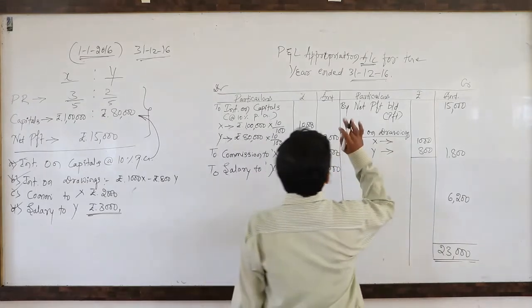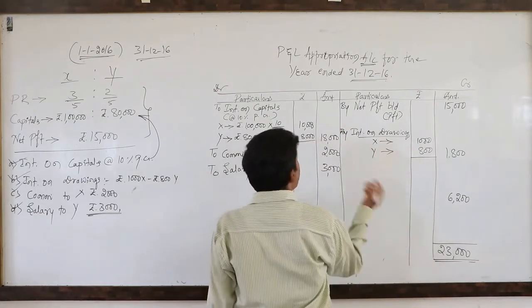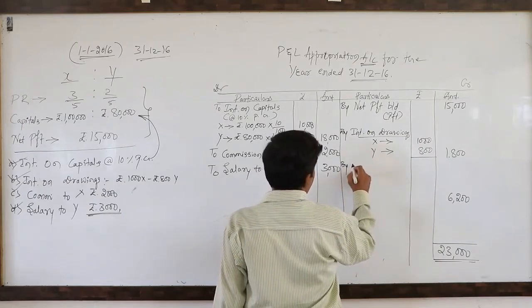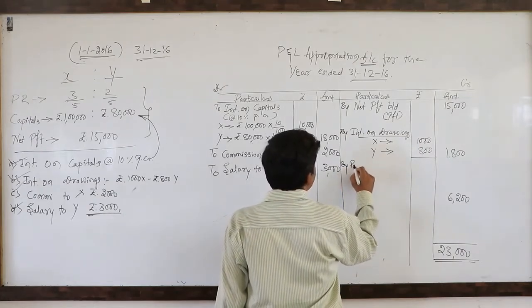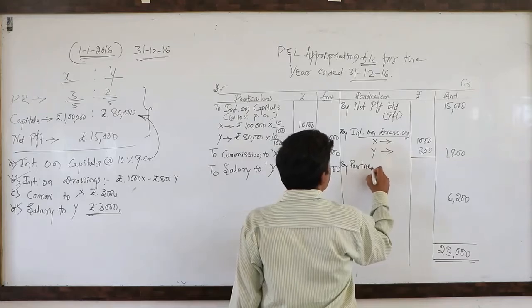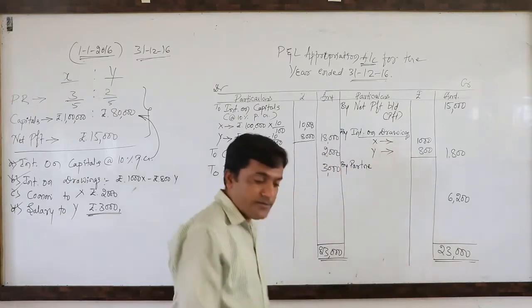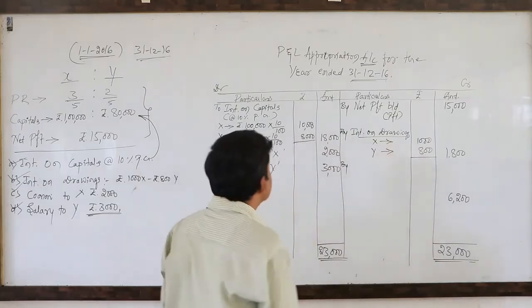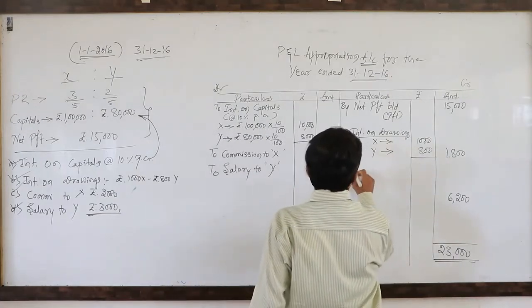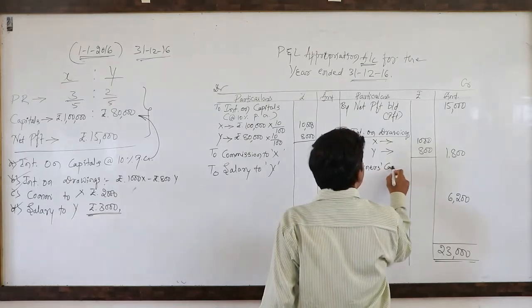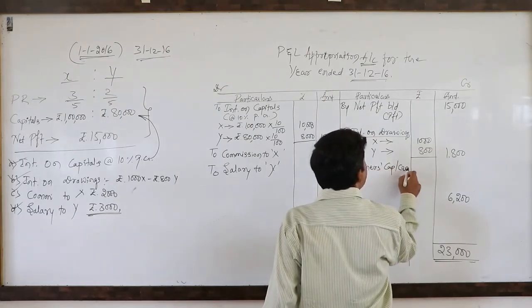So loss from this account we need to transfer to the partners' capital or current account.